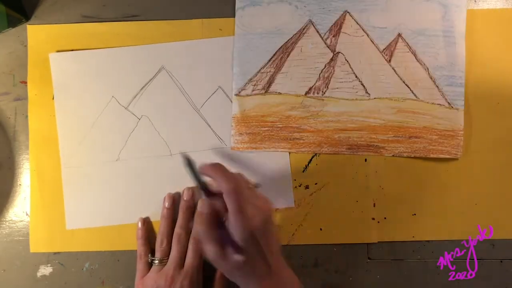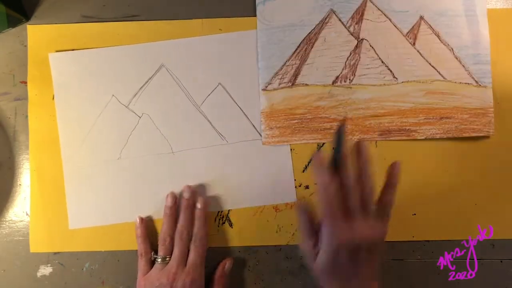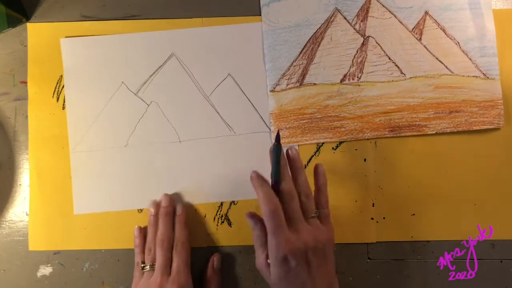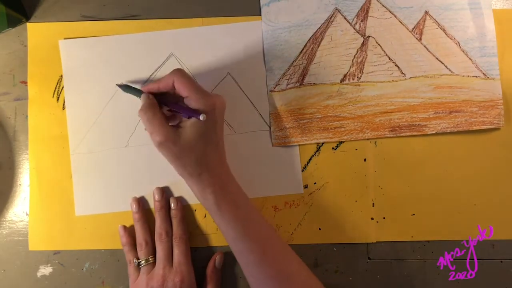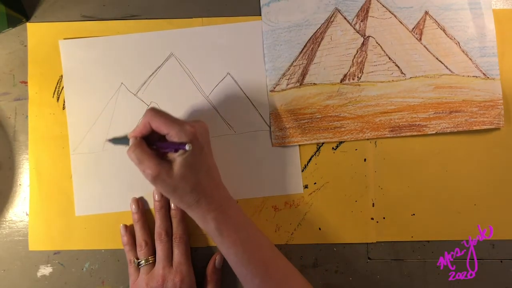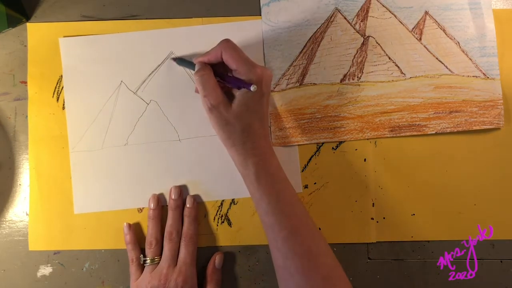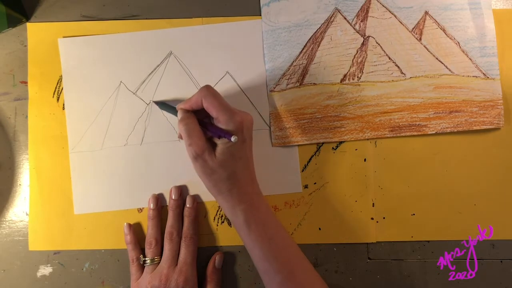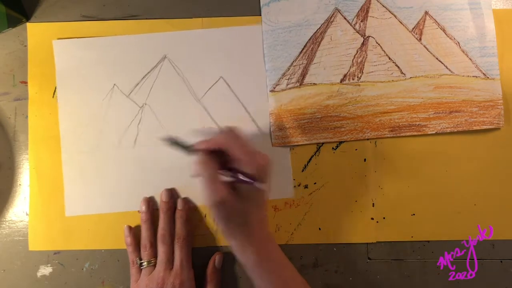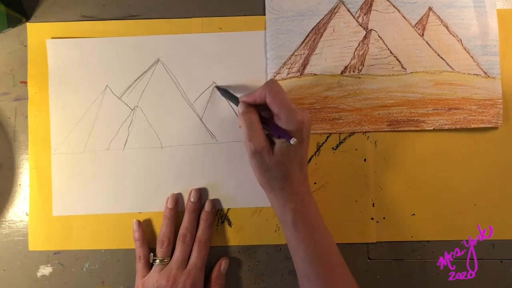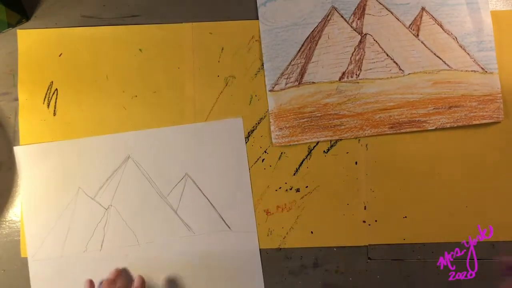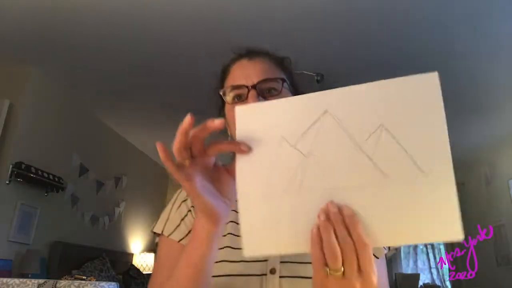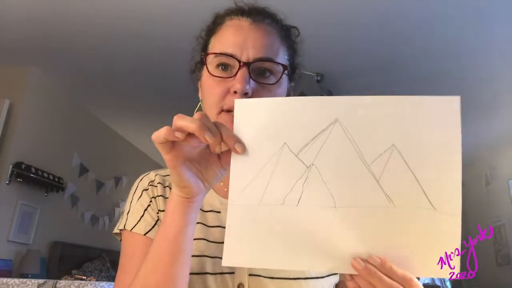All right. Now, to make them appear to have form, we're just going to use our tricks, the illusion. Just draw another angle here. Another angle here. This one, let's make it a wiggly angle. Go up to that point, wiggle it down, and then this one here. All right, so here is my basic drawing of my pyramids.